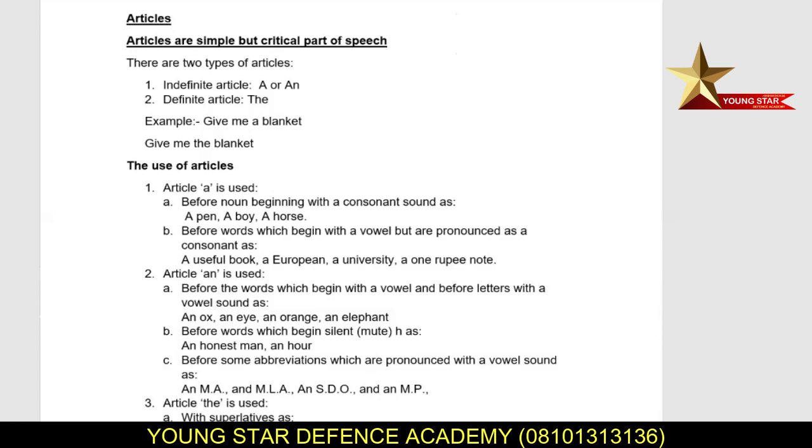Like when we are talking about an American, in this case, we'll use an. When we are talking about an Irishman, we'll use an with that. जब हम किसी की religion के बारे में बात कर रहे हैं, Christianity, Hinduism, we'll use a with Christianity and Hinduism.